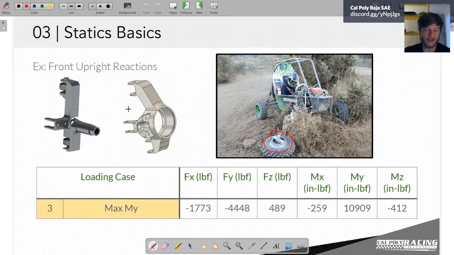Now, one caveat I have to say is that we'll be talking about the uprights from last year. So that's these guys. The reason is that all of this loading happened on these uprights. So now going into this year, we can use that data and design around it, which is what we did.